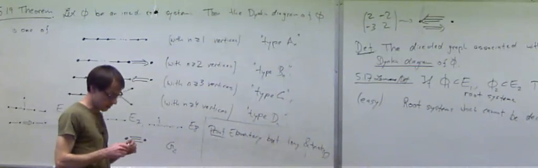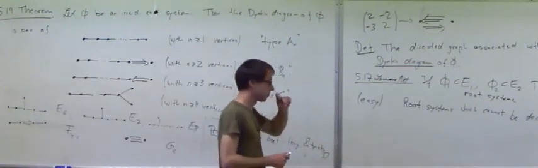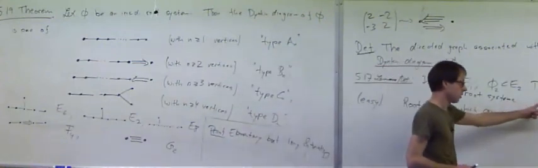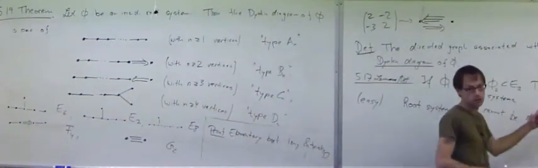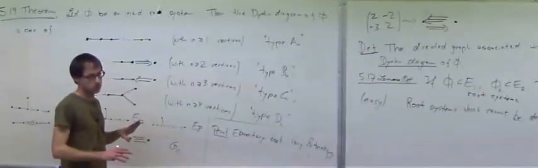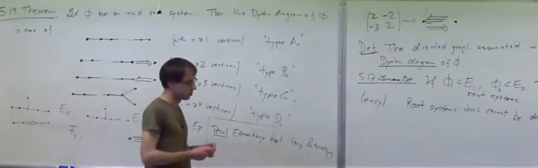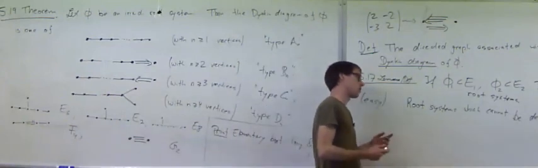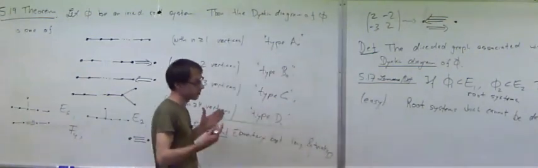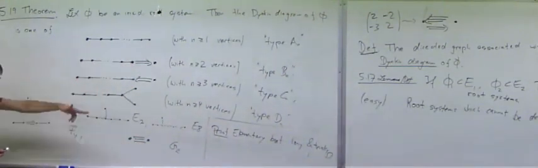And to classify the other ones, this is also easy. We have to think about how this construction will be reflected in the Dynkin diagram, and it will be just the disjoint union of Dynkin diagrams. So if you have an arbitrary semi-simple Lie algebra, then its Dynkin diagram will decompose into several connected components, and each connected component will be one of those.